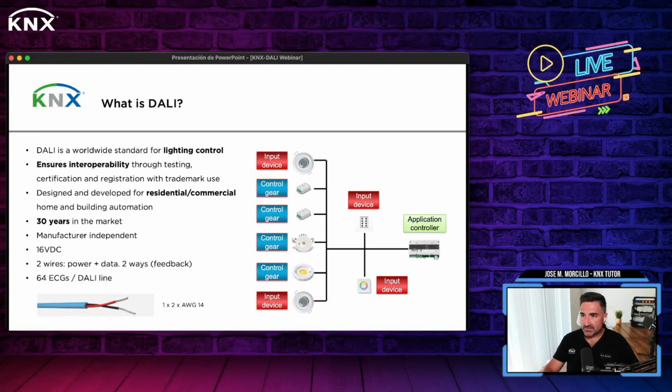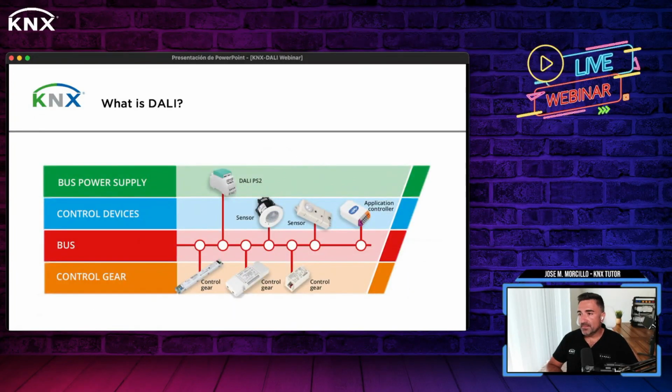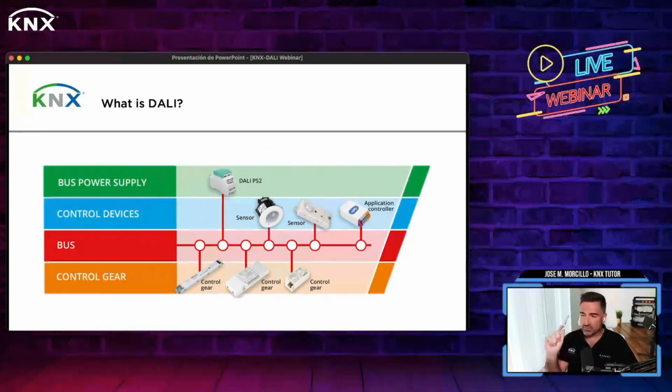Cool. Let's continue. DALI needs a power supply, 16 volts, remember? And we have control devices, the bus and the electronic control gears to control the lighting fixtures. By the way, we have many kinds of control gears.